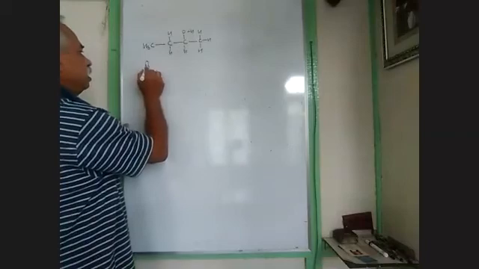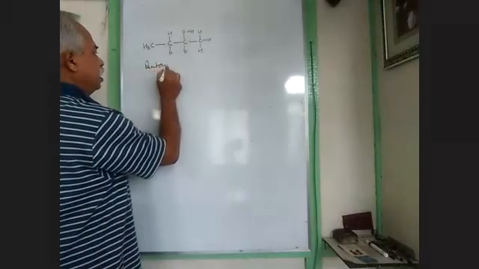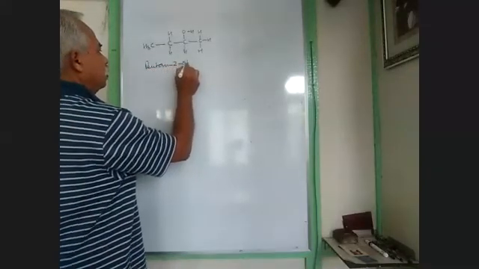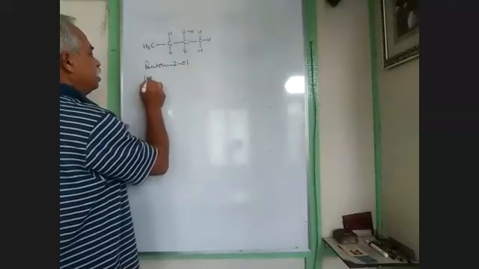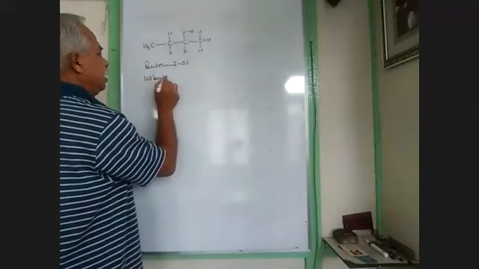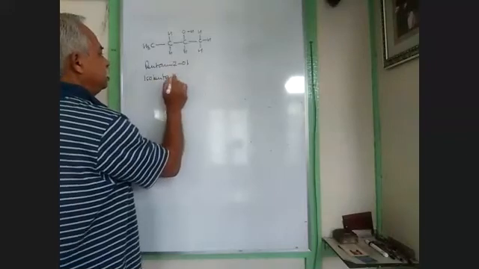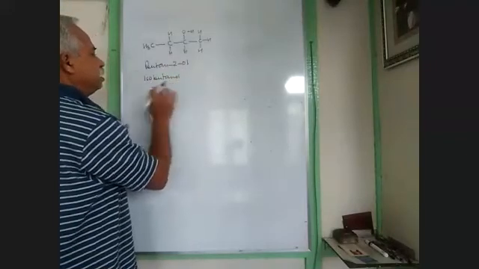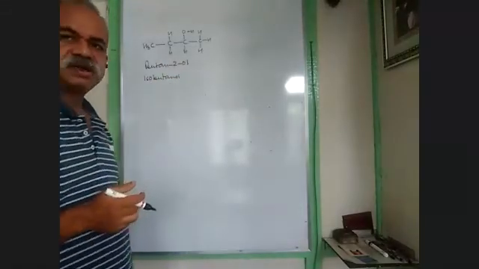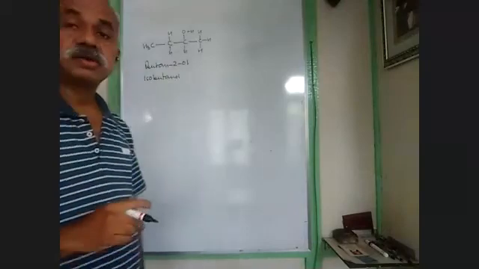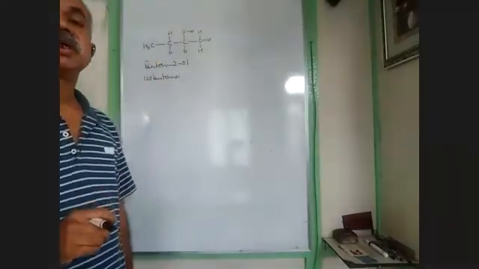Butan-2-ol, or it may be called isobutanol. In exams, they may give you this name, isobutanol. I told you what iso is: when the OH group is on the second carbon.